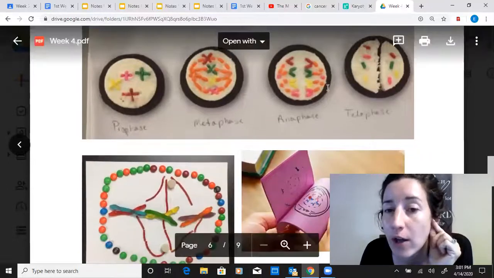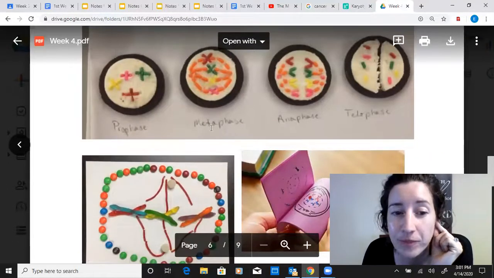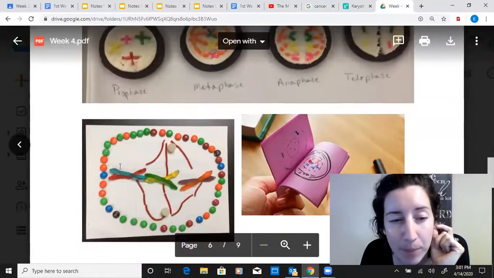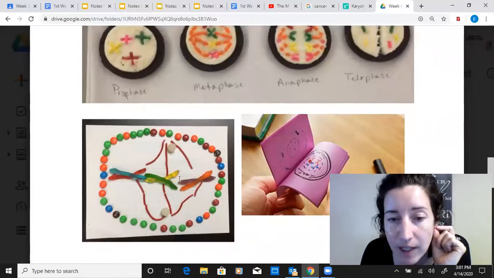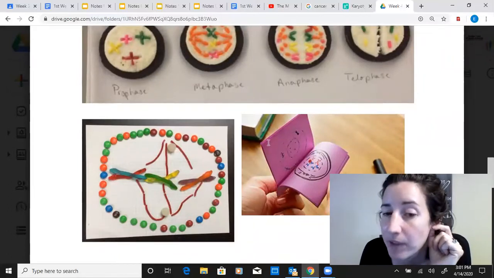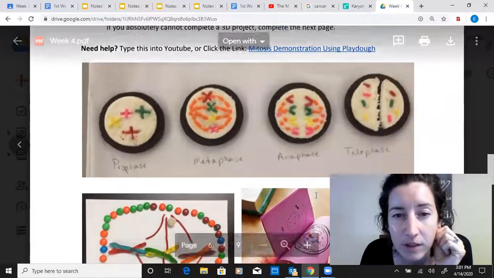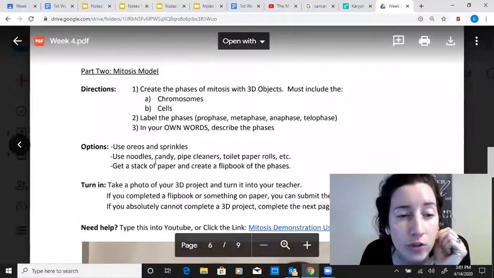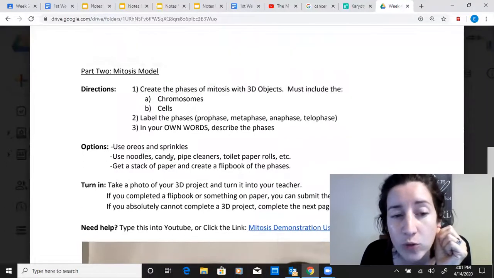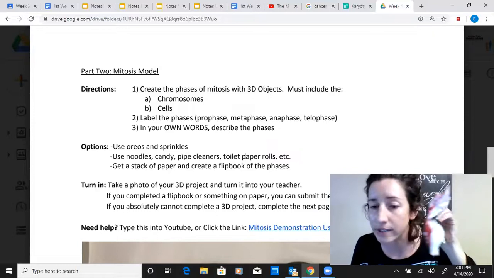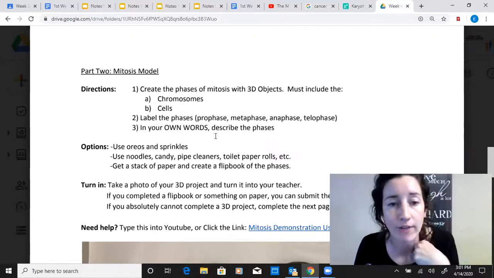We've got Oreos and sprinkles. We've got some candy. That's the outside of the cell, the plasma membrane. Those are the chromosomes. Or you could do a flip book and draw on each page and flip it. You could use macaroni noodles, candy, pipe cleaners, toilet paper rolls, toys, anything that you have at home.